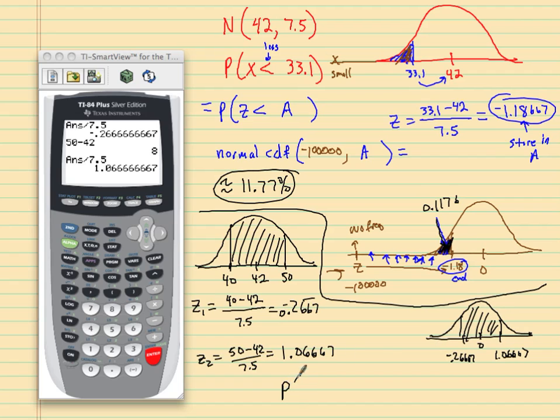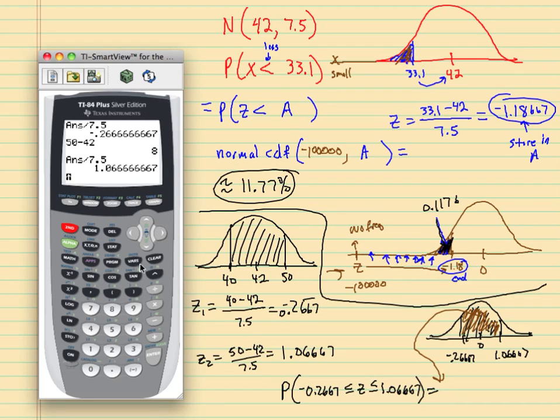The way we do this mathematically is we'd say, what's the probability that negative 0.2667 is less than or equal to z, because I'm doing it on z's. That's what this looks like, and this area right here will be the answer. So I'll go ahead and do the z.